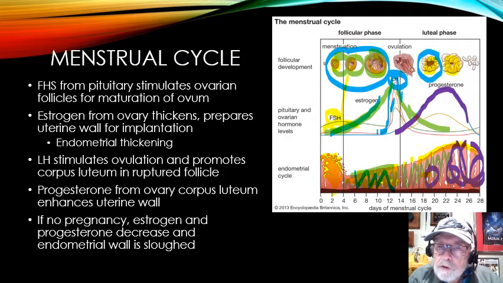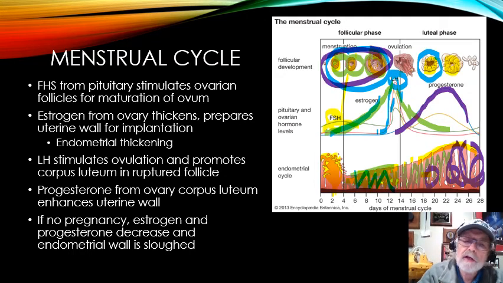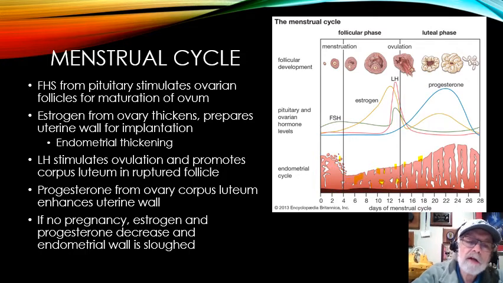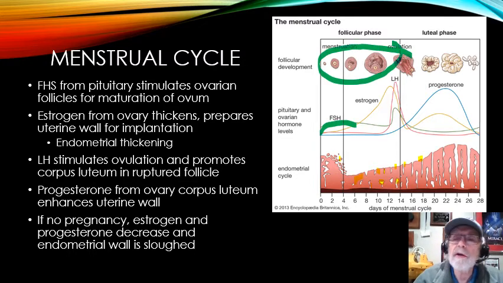So this all starts out with FSH stimulating the follicles. Let me just do it this way, let me get rid of all these. I'll do it sort of color-wise. So FSH stimulates the follicles, and the follicles get bigger.